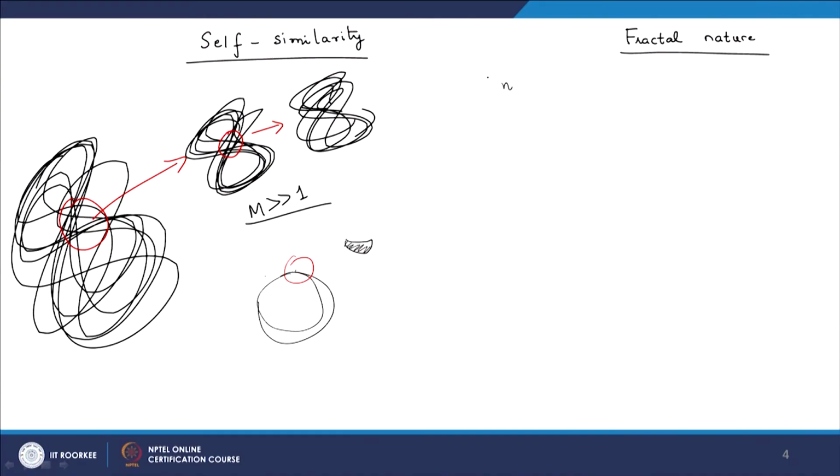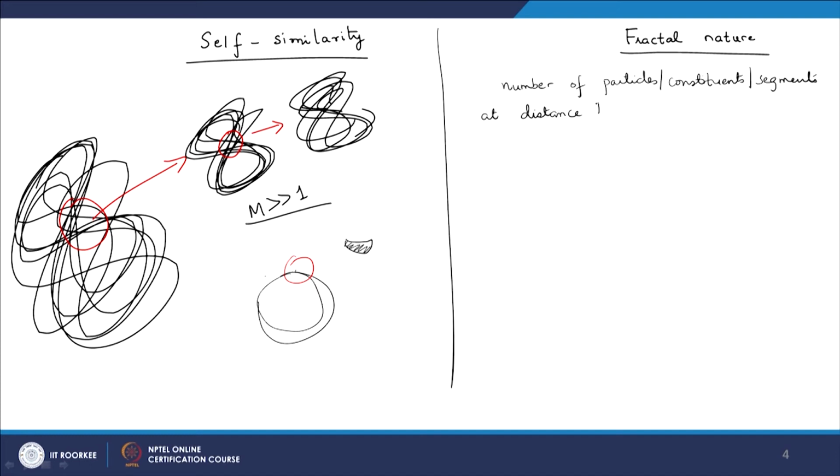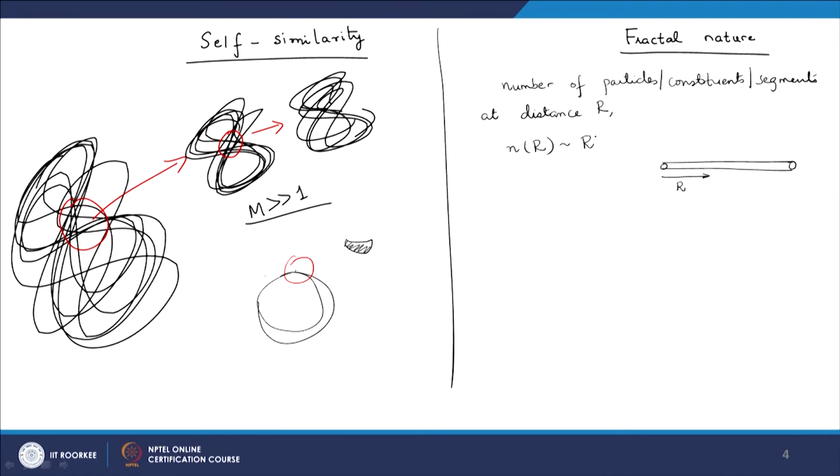So, if I look at the number of particles or constituents or segments at a certain distance r, and let us call this n of r, then if I have a one-dimensional object like a rod, the more distance I cover, the more particles I will see, and I can say that the number will go like r.